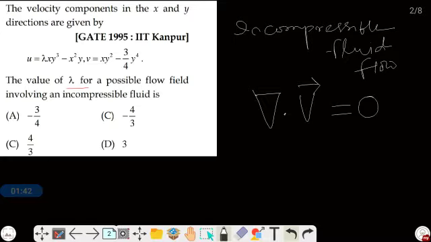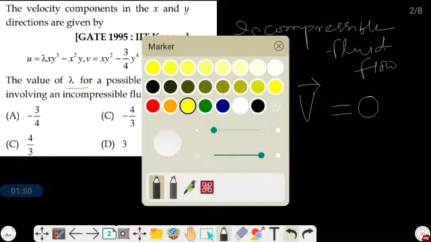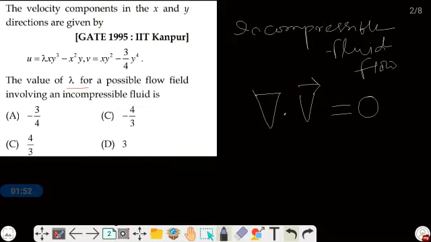Del dot V is equal to 0 for incompressible fluid flow.